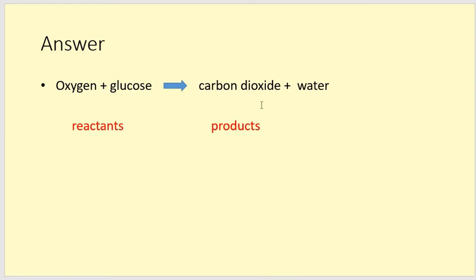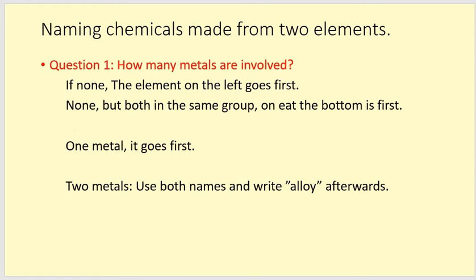Could say water plus carbon dioxide. And these are your products. So it doesn't matter which order these two are, as long as they are before the arrow. Doesn't matter which order these two are, as long as they are after the arrow. Remember, reactants in front of products. When you say in front, you use that reminder. Put your arrow in where it says in front.